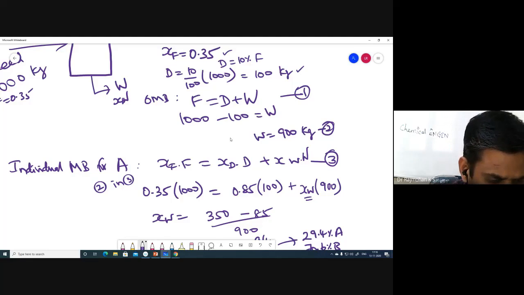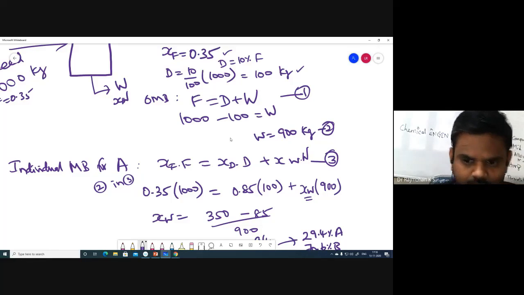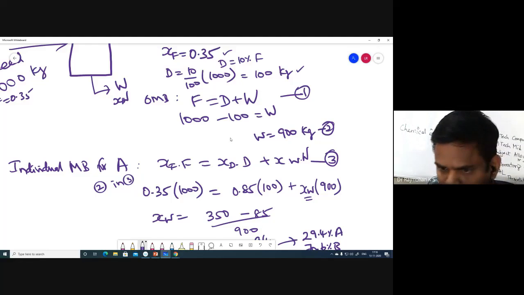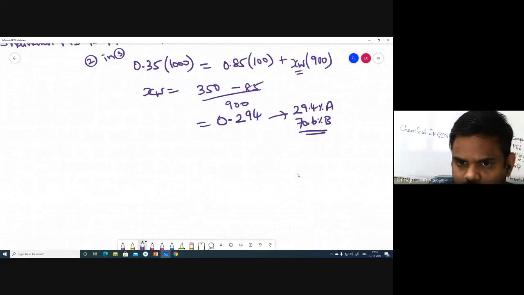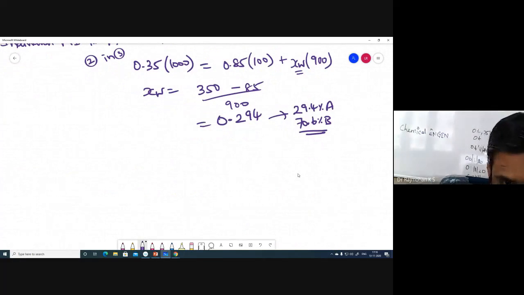Distillate flow rate was 10% of the feed flow rate. So that way we have 100. Product is 100, which means W is 900 kg, correct. Okay, so our answer is correct. We can always cross verify. So W is equal to 900 kg.